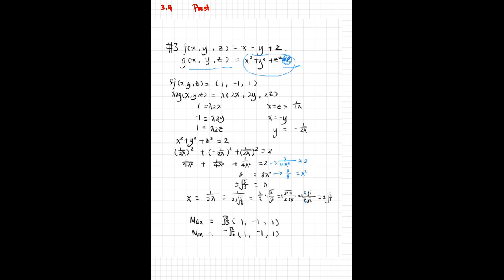You can make a function g of x, y, z equal to x squared plus y squared plus z squared minus 2. Or simply, I just make g equal to x squared plus y squared plus z squared, because when you take the gradient of g, this 2 doesn't contribute anything. It's 0.